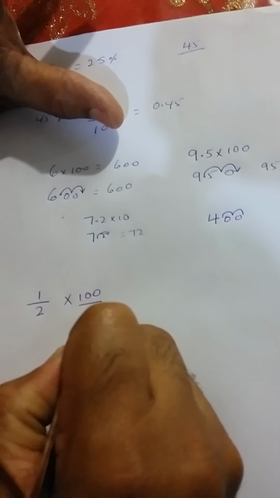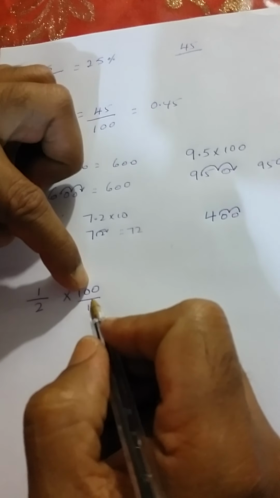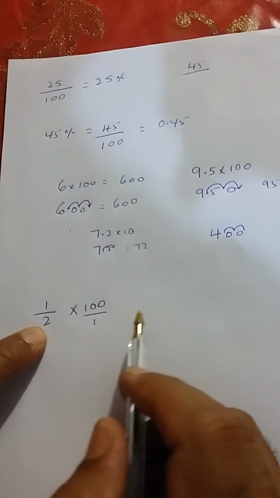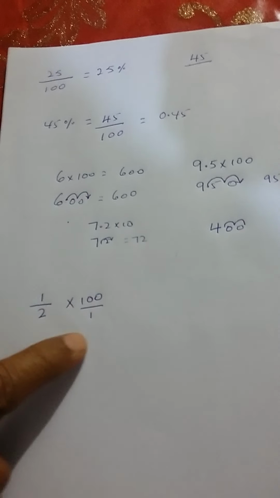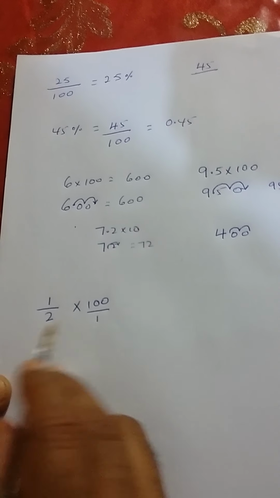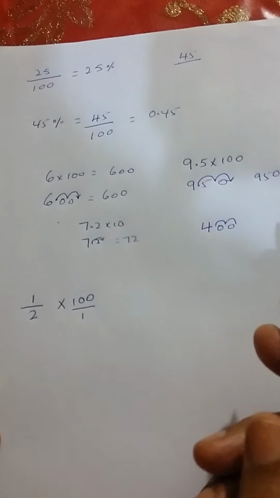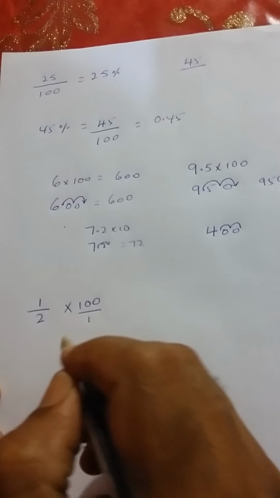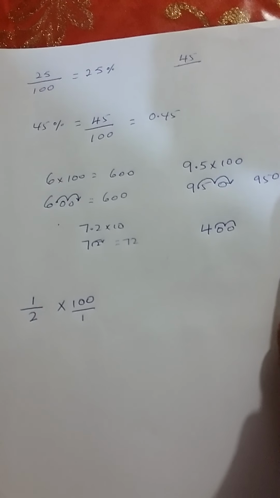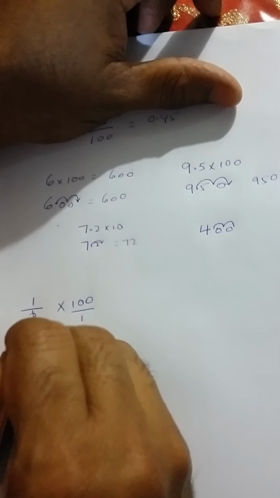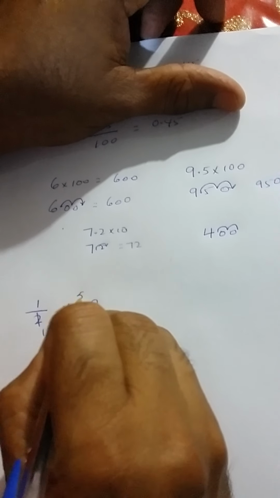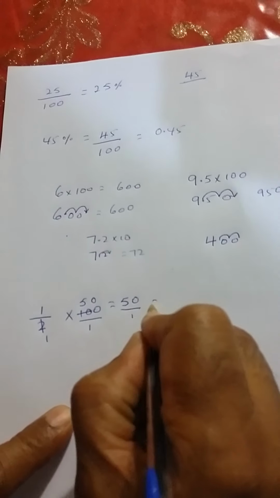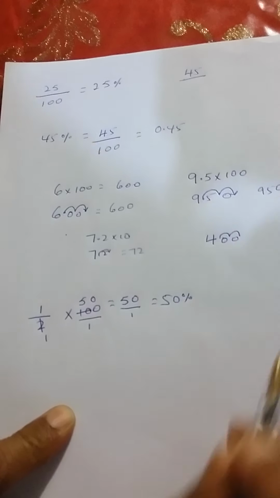We put 100 over 1, because 100 over 1 is the same as 100, just as a placeholder so we can distinguish numerators from denominators. I taught you in a previous video how to multiply fractions, so if you can't multiply fractions, go back to that video and look at it. Good. So 2 into 2, 1, and 1 times 50 is 50, and 50 over 1 is the same as 50, so we get 50%.